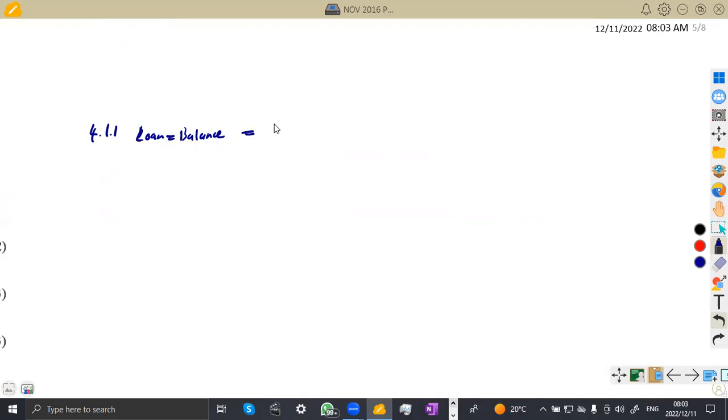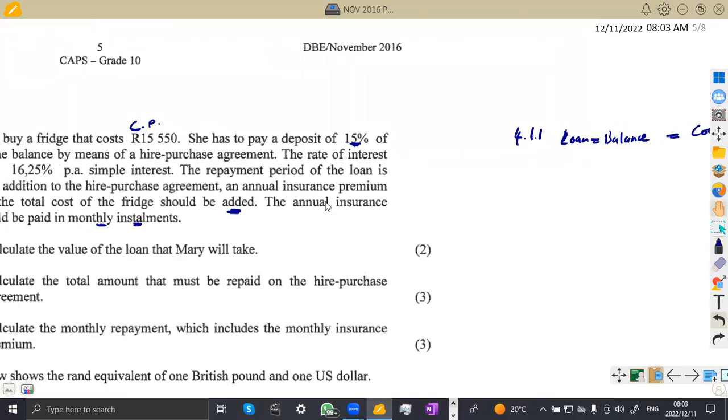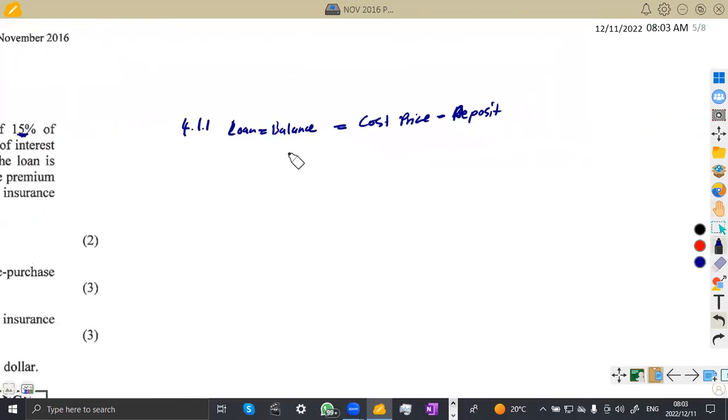So the loan is the cost price minus the deposit. The cost price, we already have it, which is 15,550. Then for the deposit, we are given that you must have a deposit of 15%.